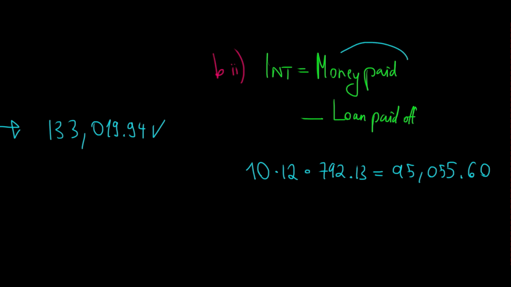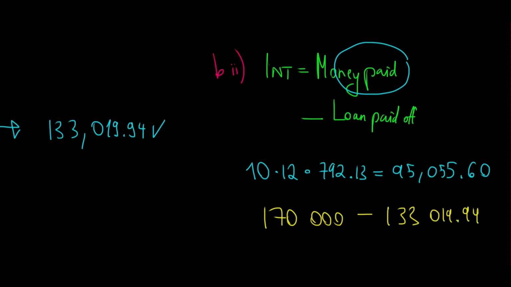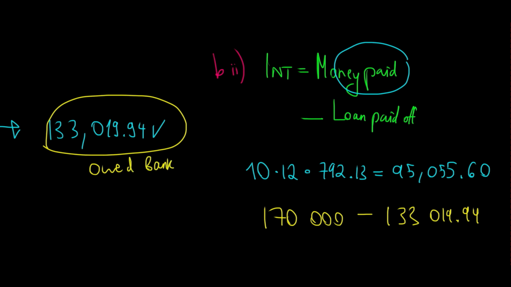This is how much you actually paid in 10 years. Now remember that the loan had a value of $170,000, and then minus 133,019.94, this was the money that you owed the bank, I still had to pay.